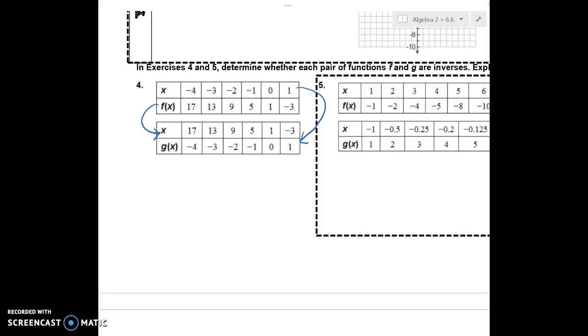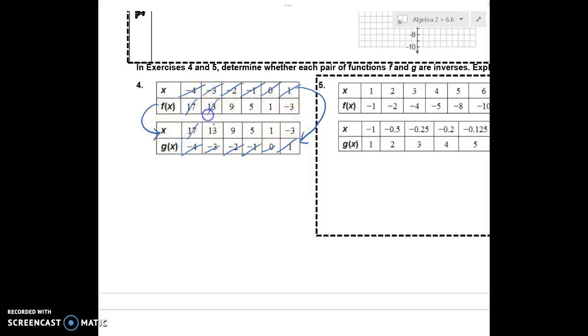Things switch. So starting off, we have -4, -4, -3, -3, -2, -2, -1, -1, 0, 0, 1, 1. So the x exactly matches the y values here. Now we need to check to see if these y values exactly match these x values.